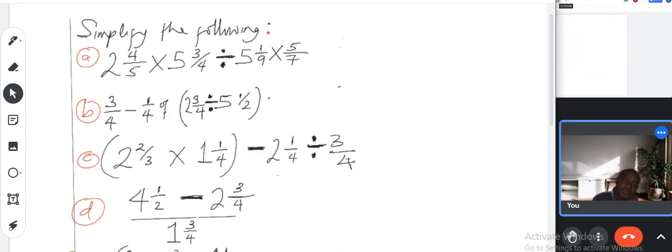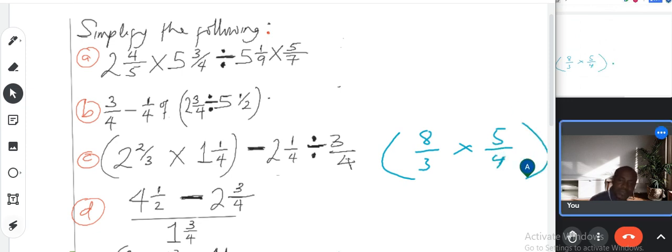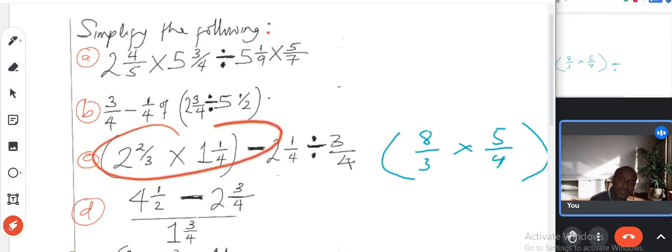You're doing C, right? Let's go. Okay. You have changed this to an improper fraction. You want to do the bracket first, isn't it?